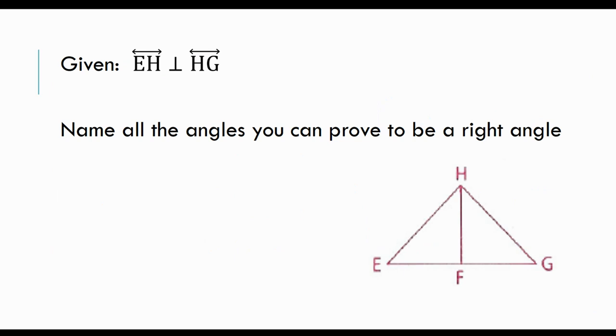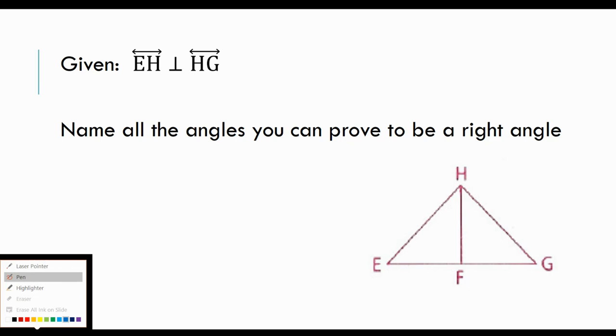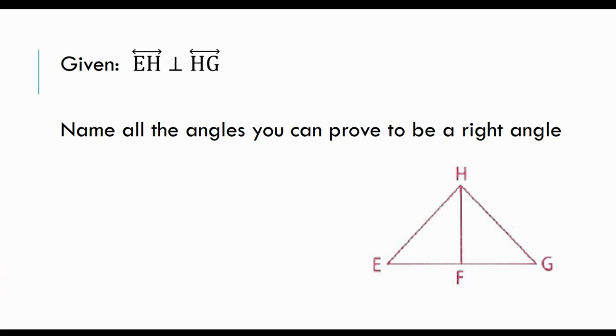So let's look at an example. Given that the line EH is perpendicular to the line HG, we want to name all the angles that we can prove to be right angles. Remember, you cannot assume right angles. Because we were given perpendicular, that's what's going to allow us to state right angles. I'm going to highlight the two lines that they're talking about.